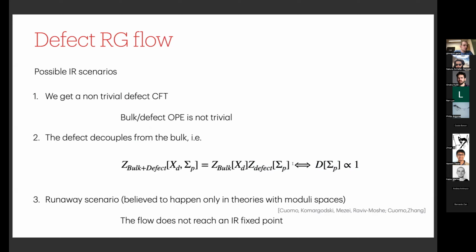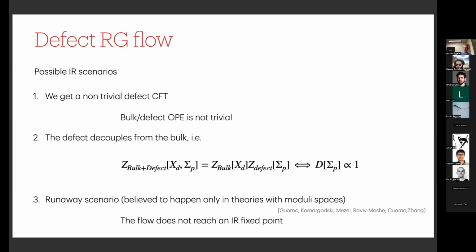Okay, there is always a third scenario which is not present usually in quantum field theories without defects. And this scenario is the one in which this defect RG flow never ends. It never reaches an IR fixed point. And this is usually called the runaway scenario. This is somewhat special, a little bit exotic.